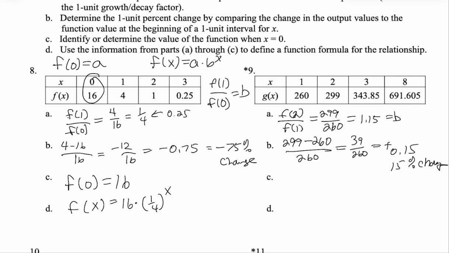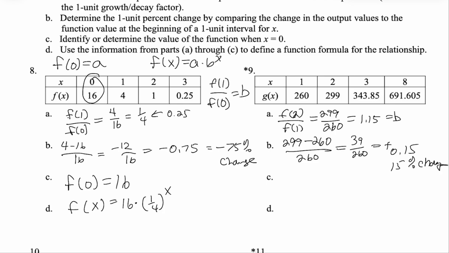So see how this number here was, you could also compare it with 1 minus 1.15. Same thing here, you could take that away from 1. 1 minus 0.75 or 0.25 should be a 0.75 change.